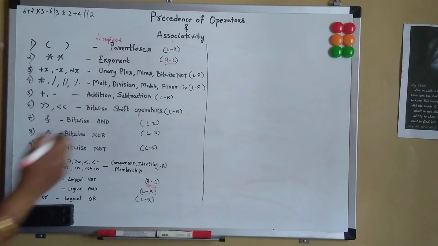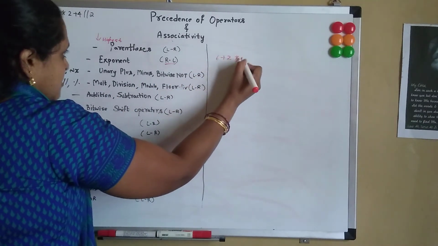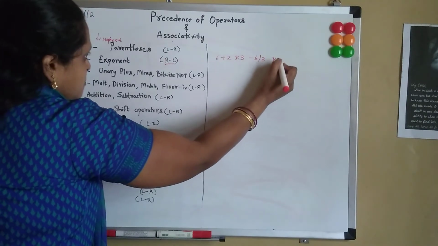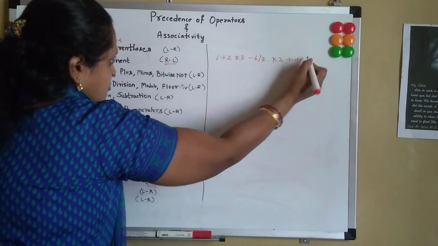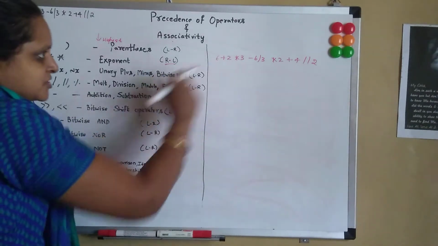Now let's look into one complex problem. 6 plus 2 into 3 minus 6 by 3 into 2 plus 4 floor division 2. So I have this particular mathematical expression.